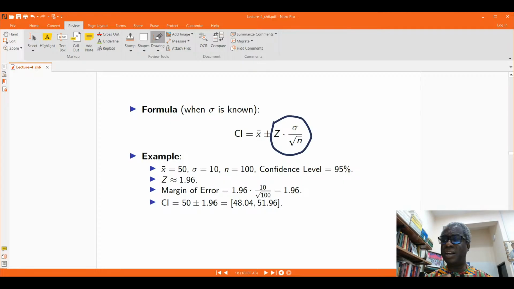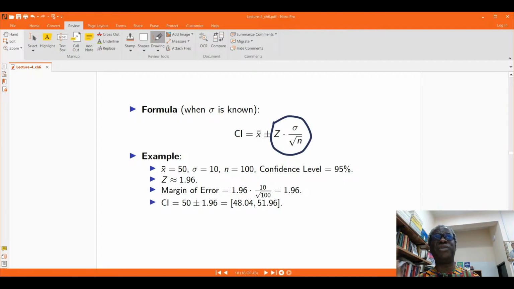The standard deviation is the population standard deviation. That will be given, and if it is not given, if you have the data, you have to estimate it using the sample standard deviation.